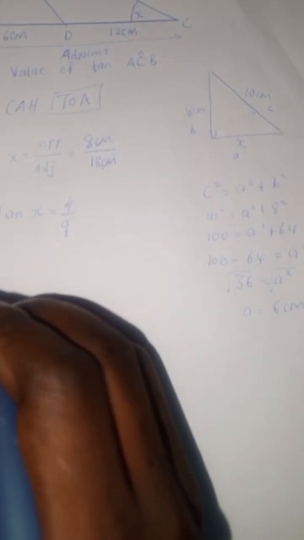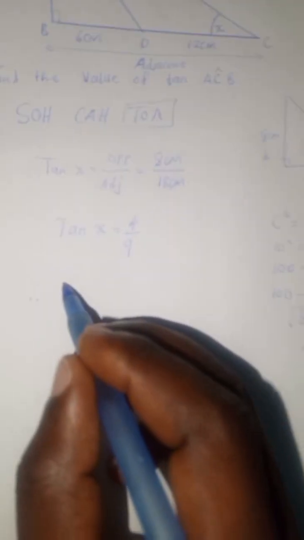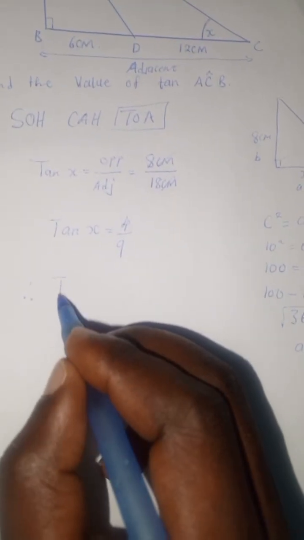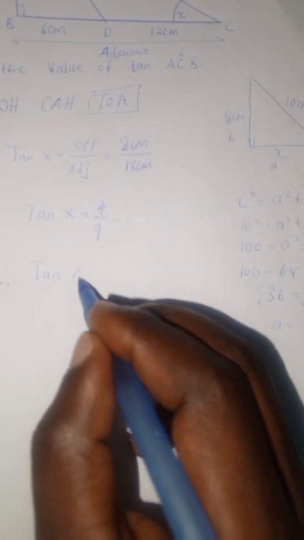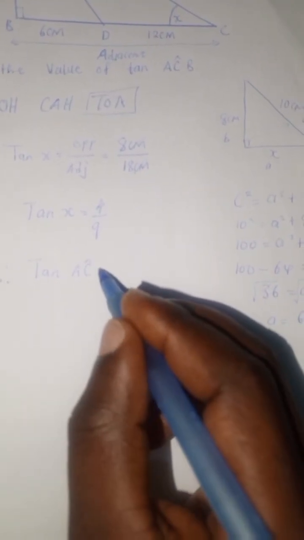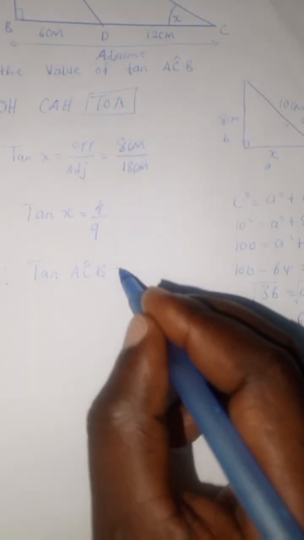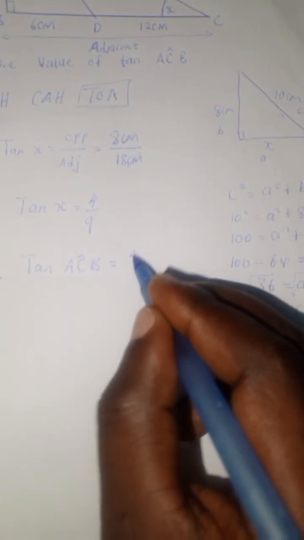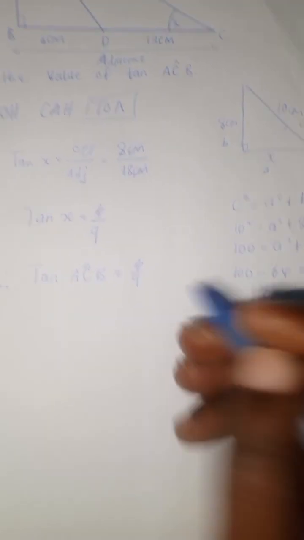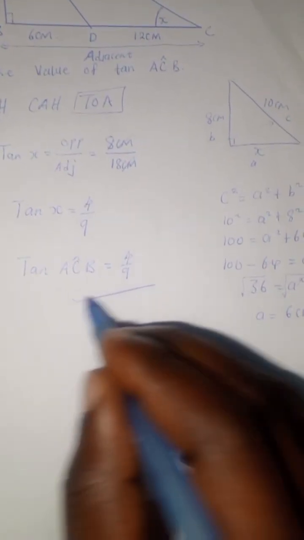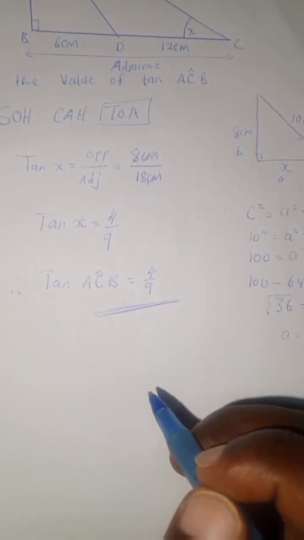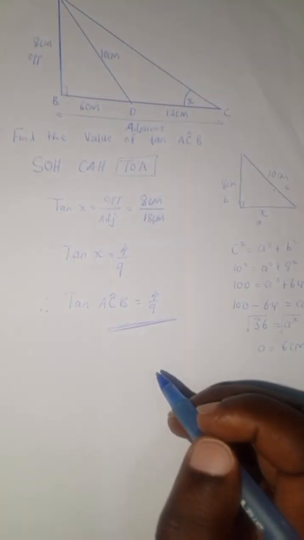And so I can now say therefore tan ACB, rather, is equal to 4 over 9. And this is the final answer to this particular problem.